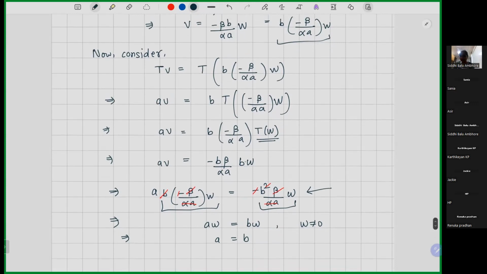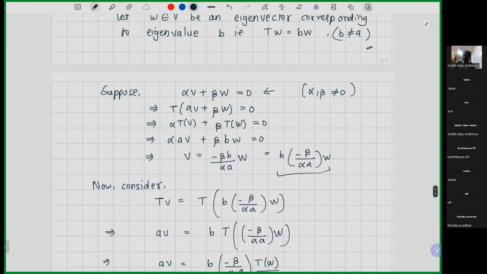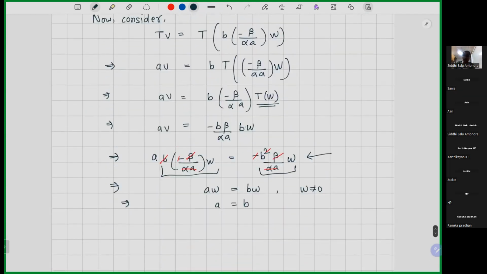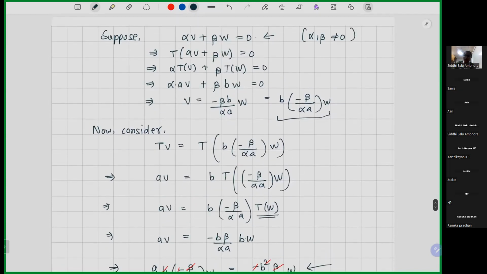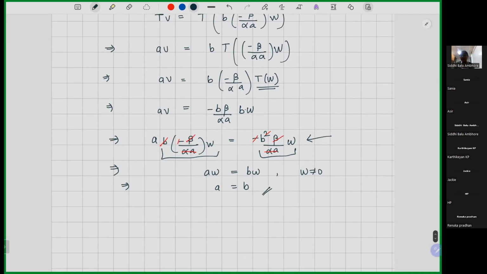They're distinct, A and B. So I started with non-equal A and B. B was not equal to A, but if this linear combination exists such that alpha and beta are non-zero, then I end up getting alpha is equal to A is equal to B. So this was my contradiction.